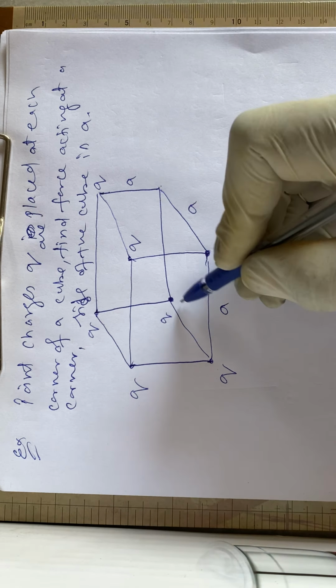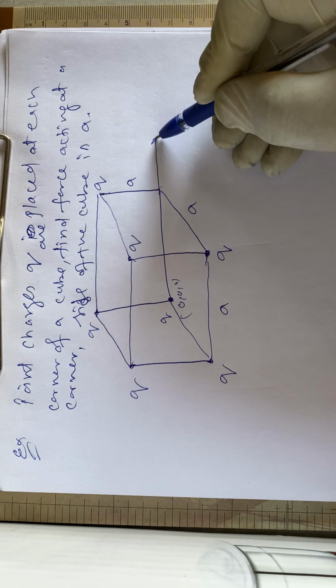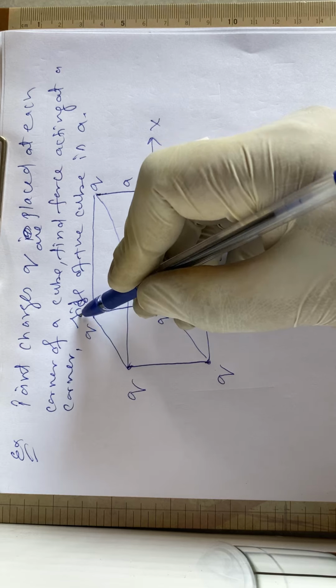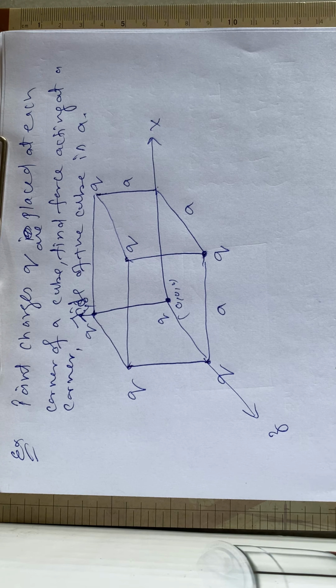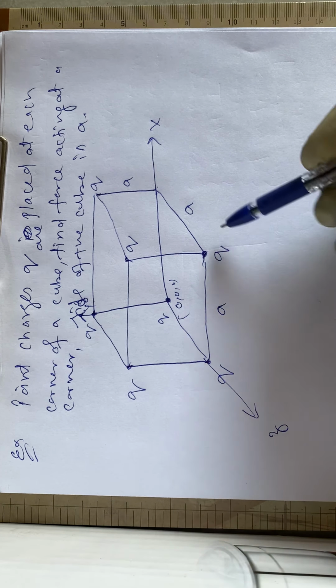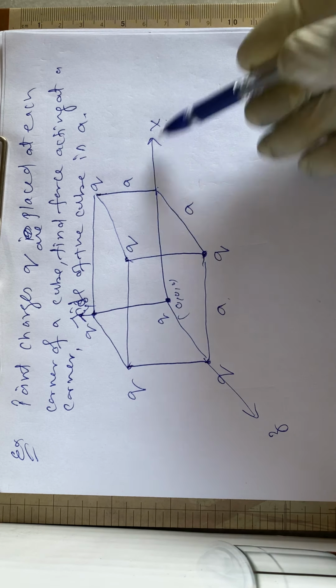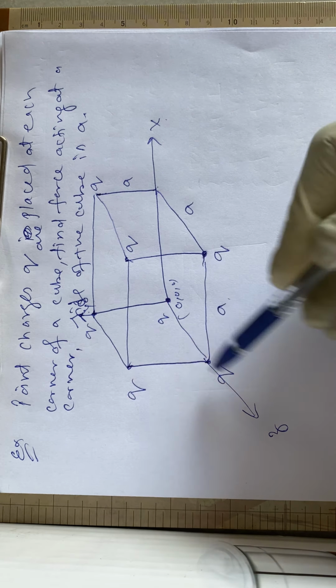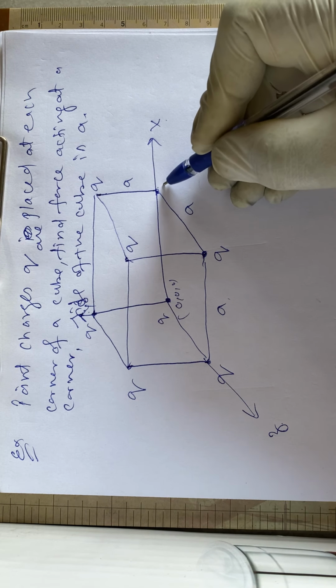Better, take this as the origin, take this as the x-axis, this as the y-axis, and this as the z-axis. So this is a cube of side A. Write down the coordinates of each charge.